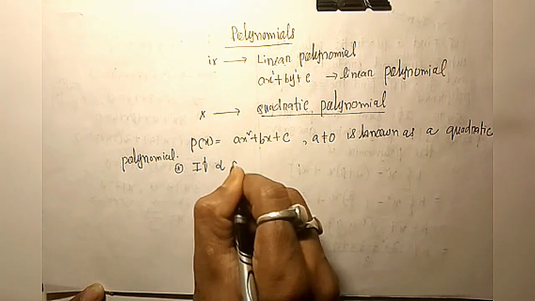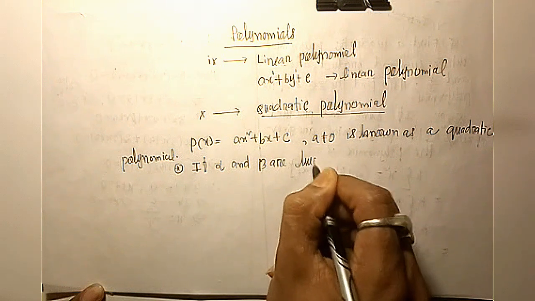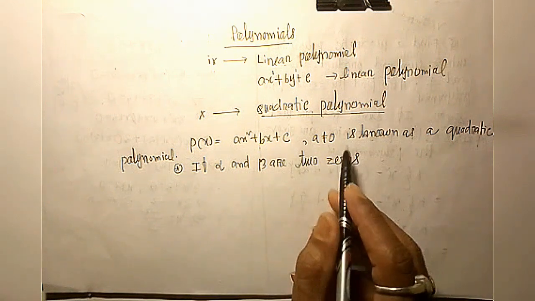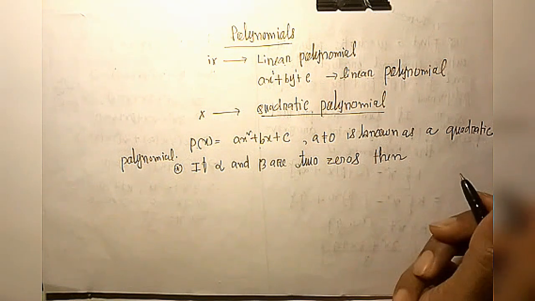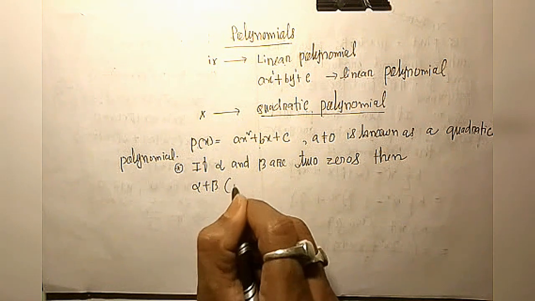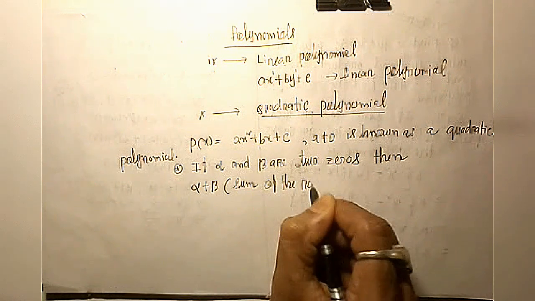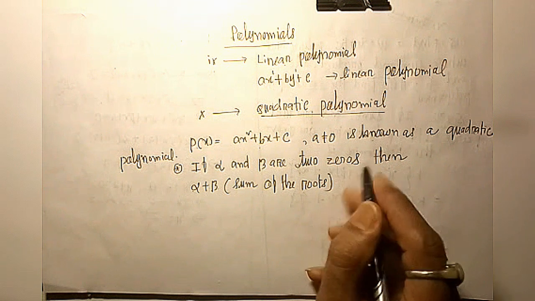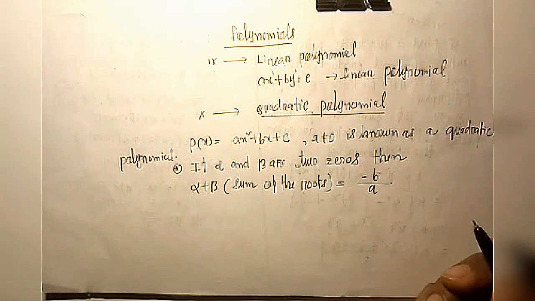So if alpha and beta are the two zeros or roots of this quadratic polynomial, then the sum of the two roots, alpha plus beta, means the sum of the zeros, is equal to minus b by a.